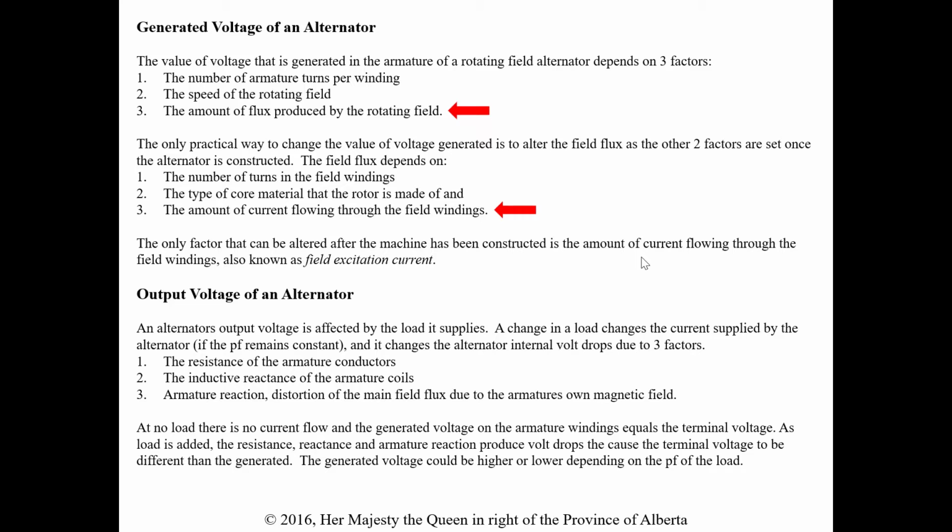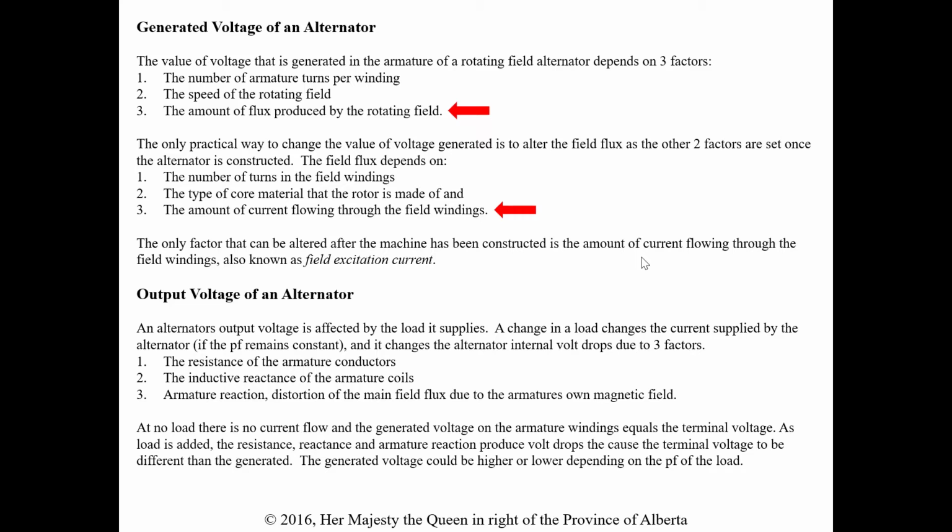We're looking at this on a phase value. Those windings actually have volt drops in them due to the resistance of the armature conductor, the windings themselves; the inductive reactance of the armature coils, because as soon as we have a coil, we have that XL portion of it; and armature reaction, the distortion of the main field flux due to the armature's own magnetic field.